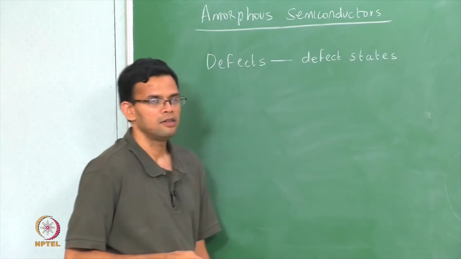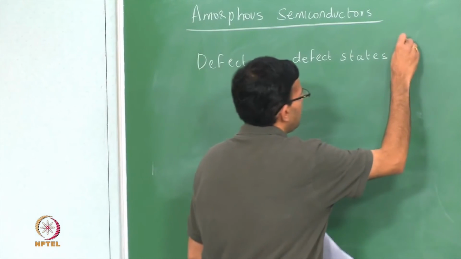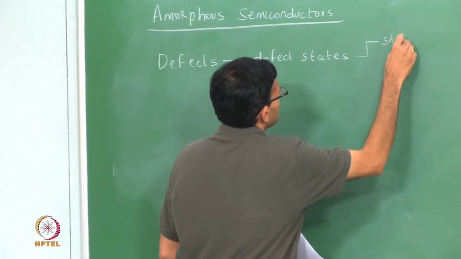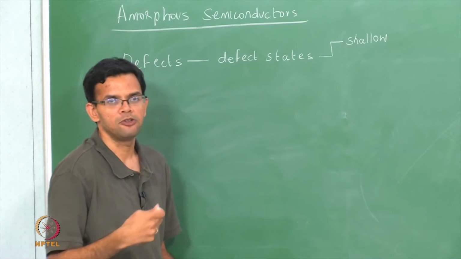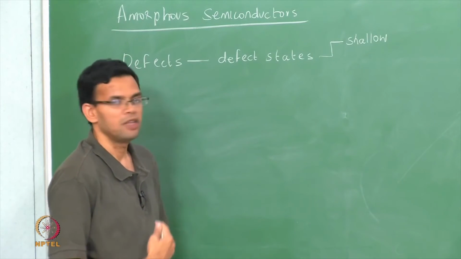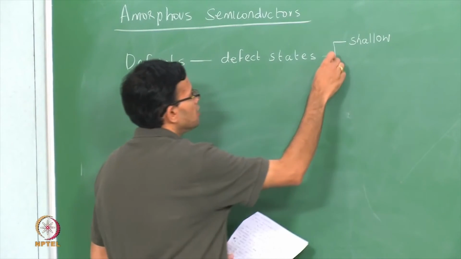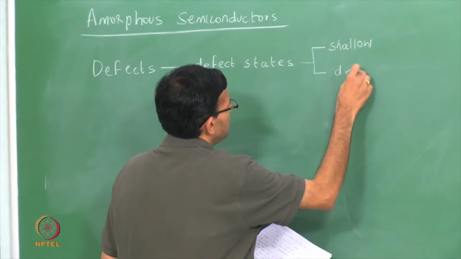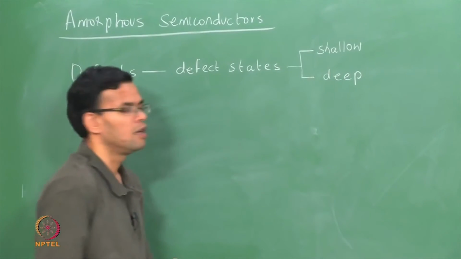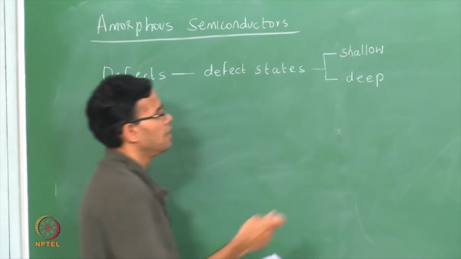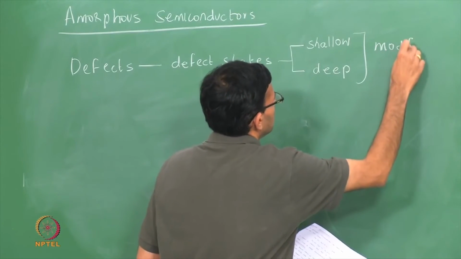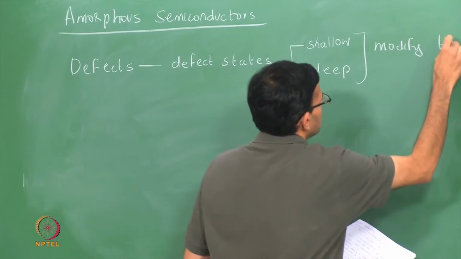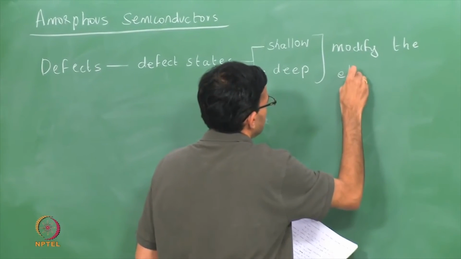We saw earlier that these states can either be shallow. Shallow states are those that are close to the band edges. They can be close to the conduction band edge, or they can be close to the valence band edge, or they can be deep states. So, these defect states can essentially modify the electronic properties.